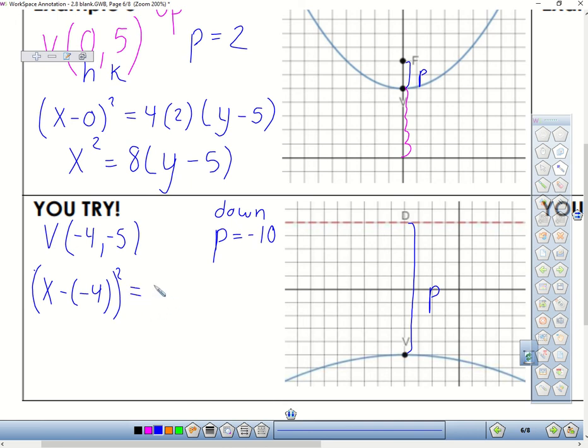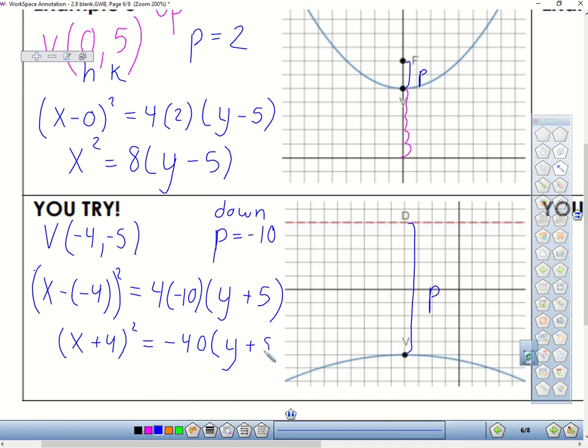Yes. Which would be 4 times -10 times y plus 5. That should be x plus 4 squared equals. Oh, it's because it would have been a minus -5.